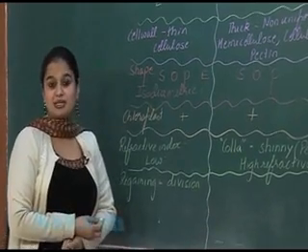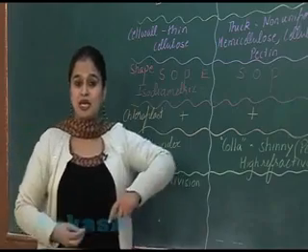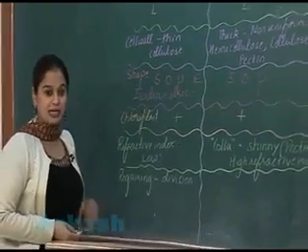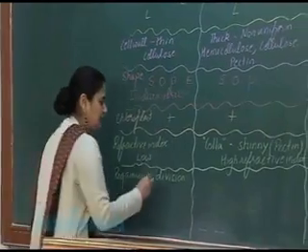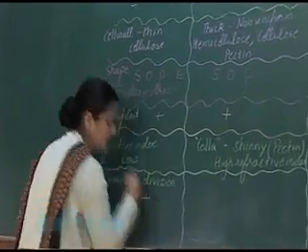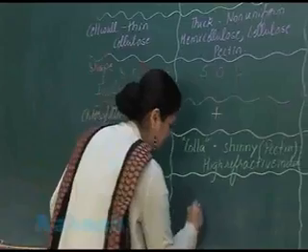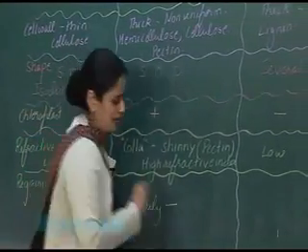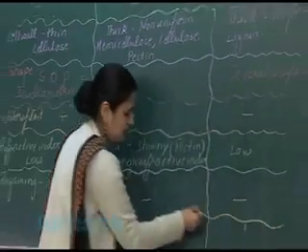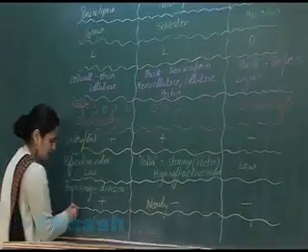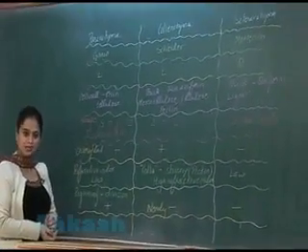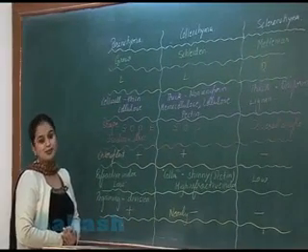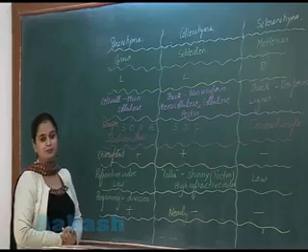But some of the cells in the mature stages can regain the capacity. This regaining capacity is present in the parenchyma, nearly absent in the collenchyma, and totally absent in the sclerenchyma. So now we are going to continue with more differences between these three types of simple permanent tissue.